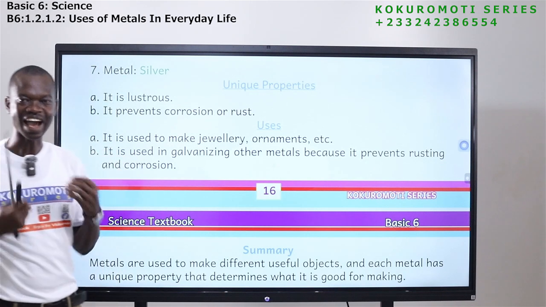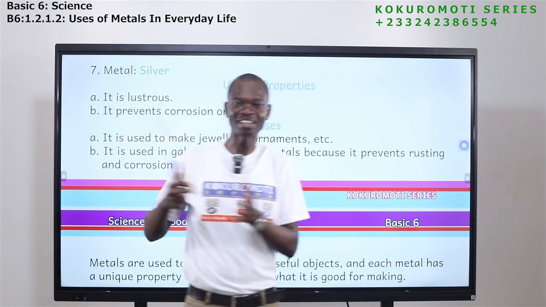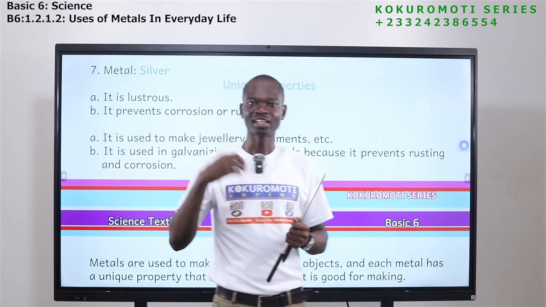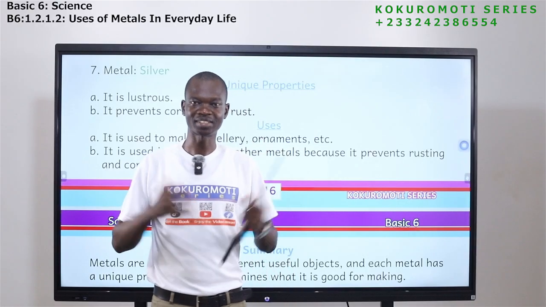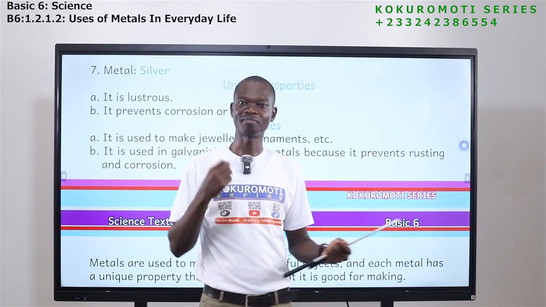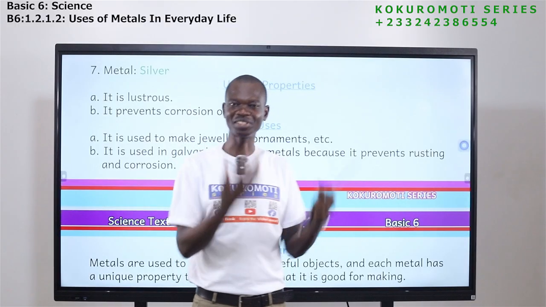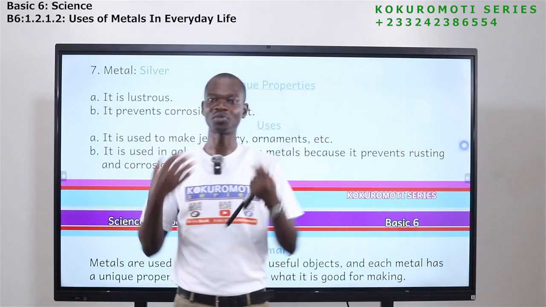Metals that are not heavy, what are the uses? Metals that have shiny surfaces, what do we use them for? Metals that can be beaten into different shape and size, what are the uses? Metals that are good conductors of heat and electricity, what do we use them for? Metals that can be drawn into wires, what do we use them for?